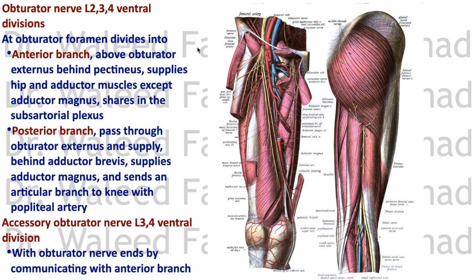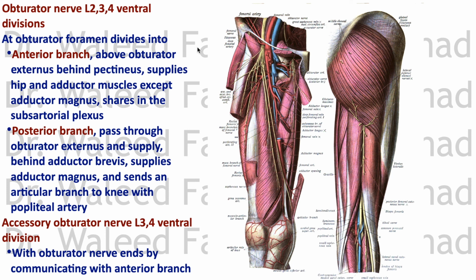The obturator nerve, L2, 3, 4 ventral divisions. It enters the obturator foramen and divides into anterior and posterior branches behind the obturator externus muscle. The anterior branch passes above the obturator externus muscle, behind pectineus, and supplies the hip and adductor muscles except for the adductor magnus, and also shares in the adductor plexus or the subsartorial plexus.